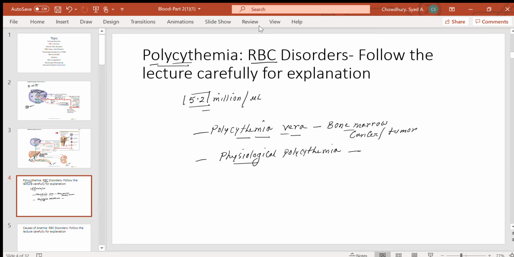When we come back to sea level, again the number will go back to normal. So this is just a physiological response, normal response of your body, right? So this is not harmful. This is a physiological increase of the number of the red blood cells.